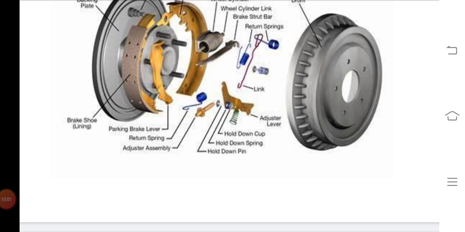Another drawback of using the high self-servo feature is that changes in braking power occur with variation of the applied force to the shoes.